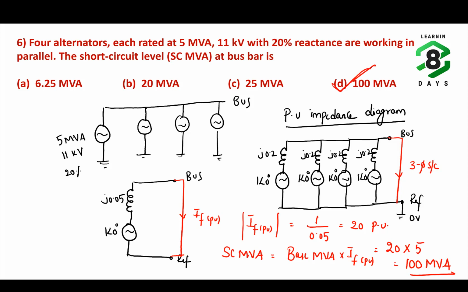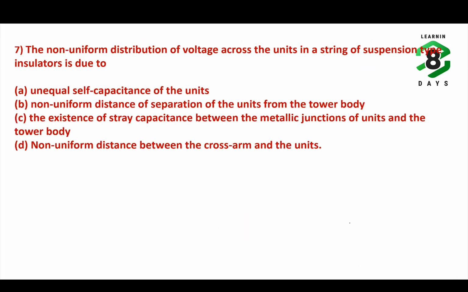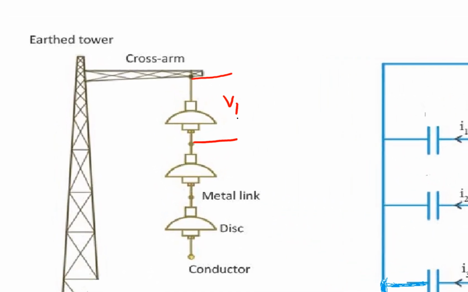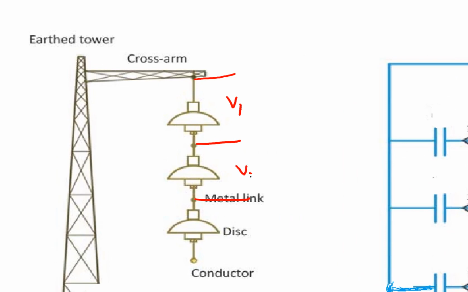Understand? Next question. The non-uniform distribution of voltage across the units in a string of suspension type insulators is due to. That means, why is the voltage across the string of insulators not identical? That is, this voltage is different from this voltage.